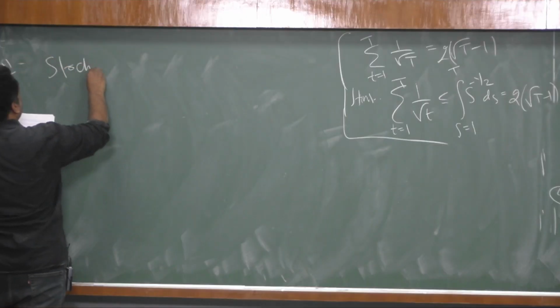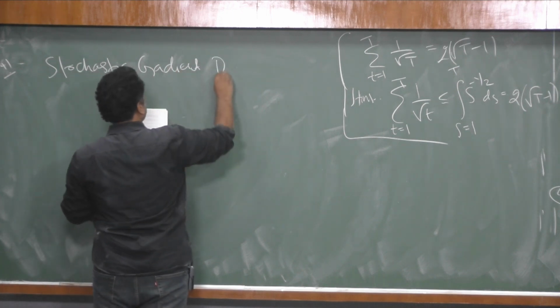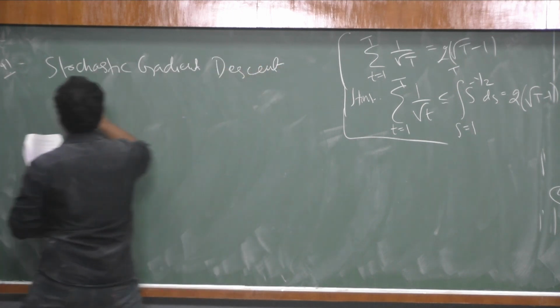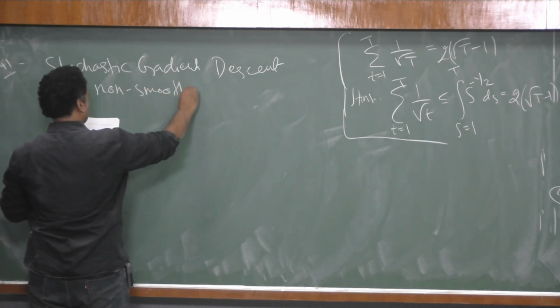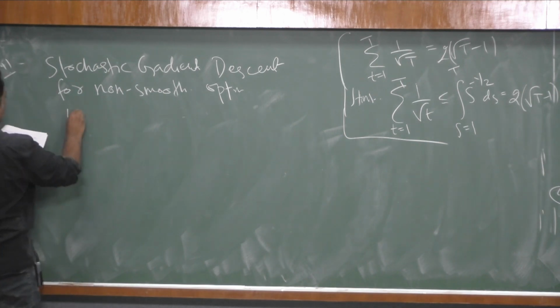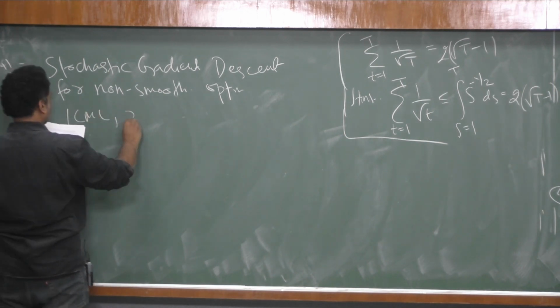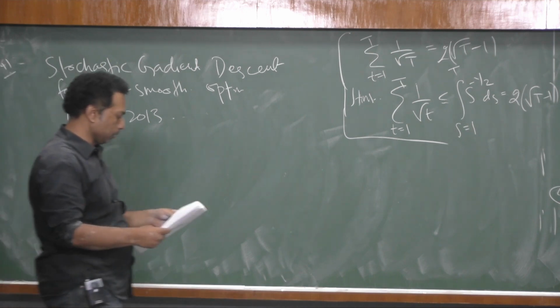Stochastic gradient descent for non-smooth optimization. Well, this is ICML 2013. Yes, as I said, these algorithms are for machine learning. That's why these publications happen in there. Okay, but these are targeted towards these loss functions which have this behavior.